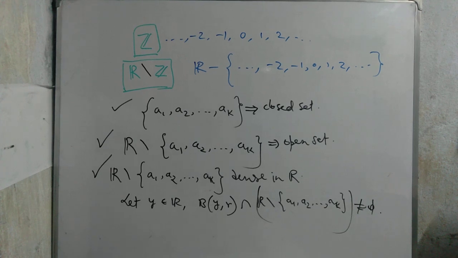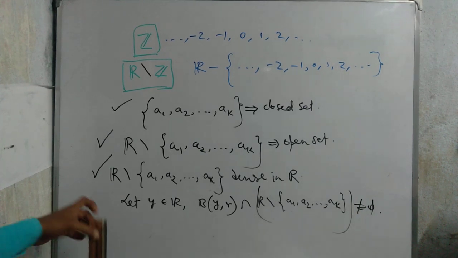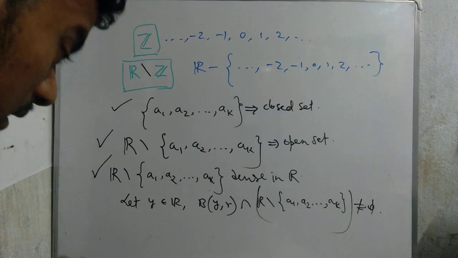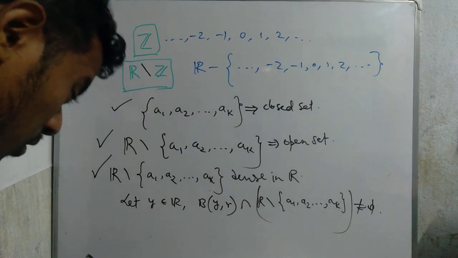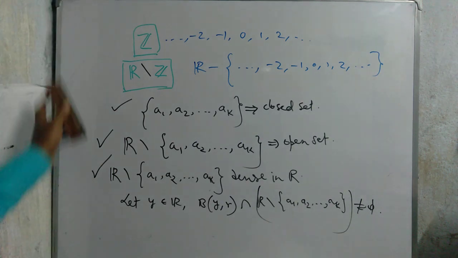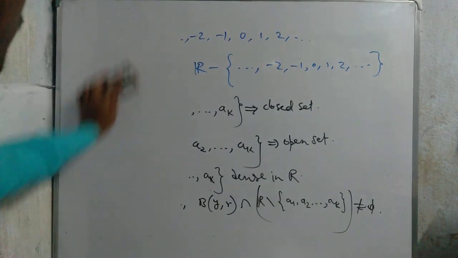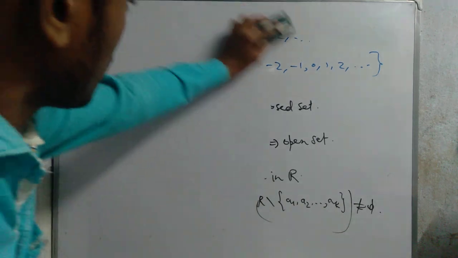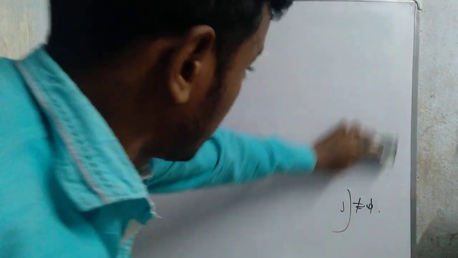Next we also discuss another portion. We know about discrete metric space, and now we think about subsets of a discrete metric space.